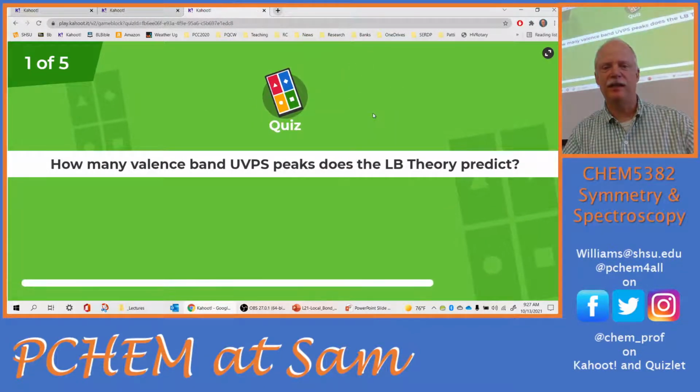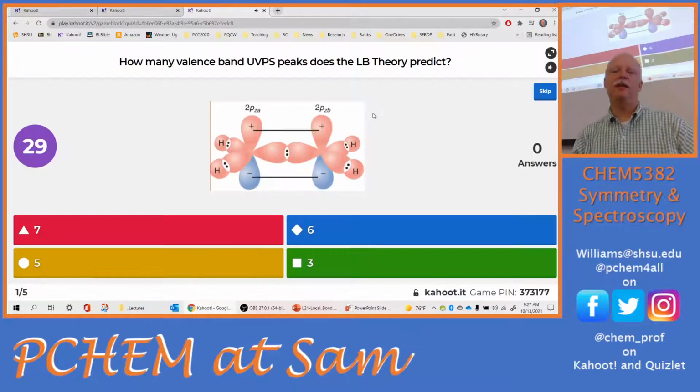Okay, so this is just testing you. How many UVPS peaks do we get from this structure? So how many different types of electrons are there?